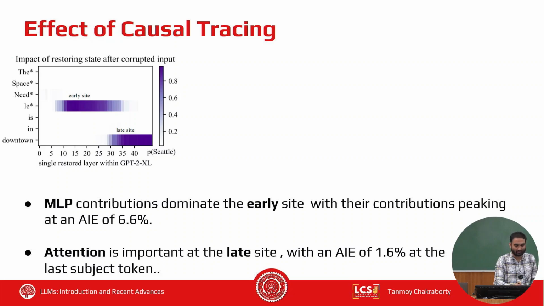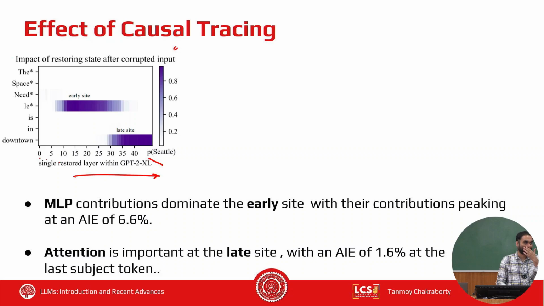And then they plotted this one. So in this plot, you see, this is some sort of scatter plot, right? Where x-axis indicates the layers, and this is GPT-2 XL. Layer 0, layer 1, layer 2, ... layer 40, right? And what is y-axis?